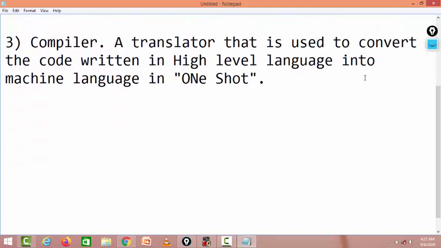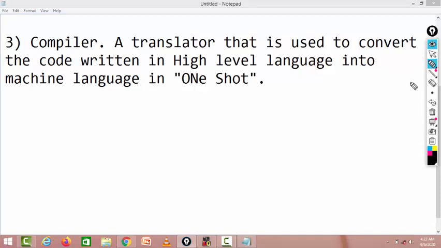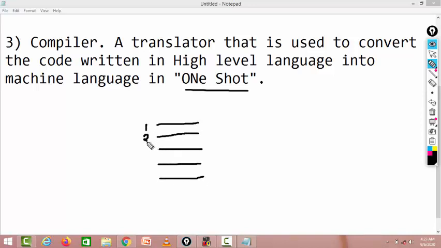A compiler is a translator that converts the code written in a high level language into machine language in one shot. What does it mean? It means if you have a program or a source code of 5 lines, like in this program.